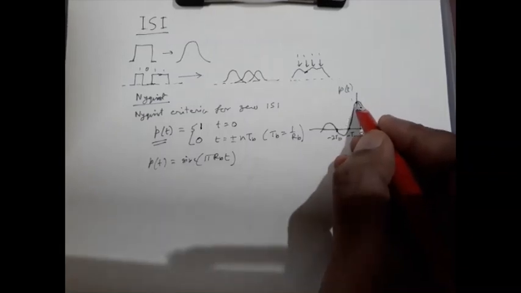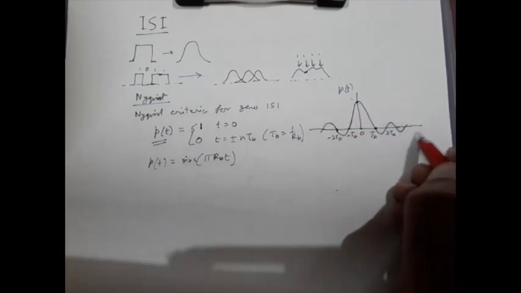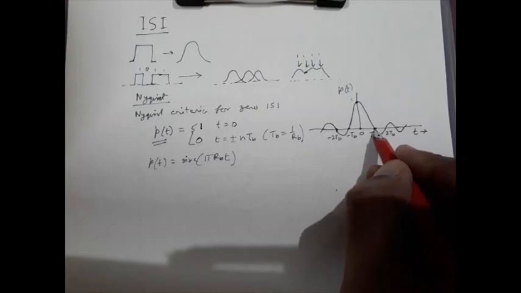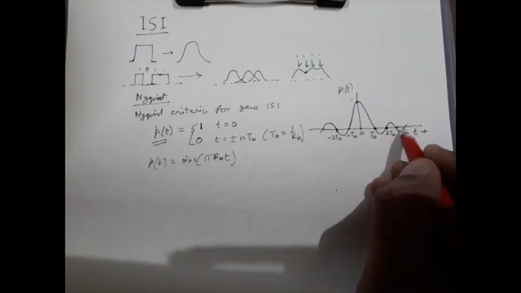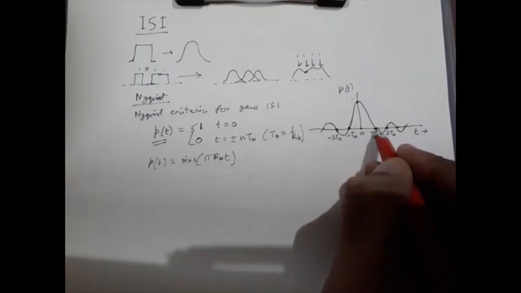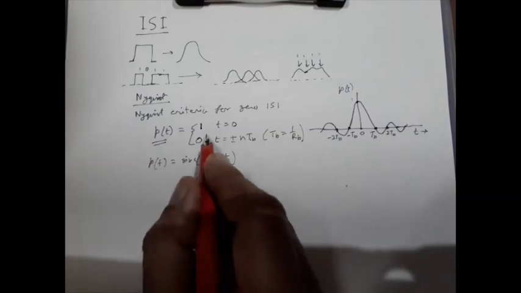It is 1 at time t equal to 0, and at times Tb, twice Tb, 3Tb, 4Tb, minus Tb, etc., all these are the sampling instants, the value is 0. So it is satisfying this criterion.